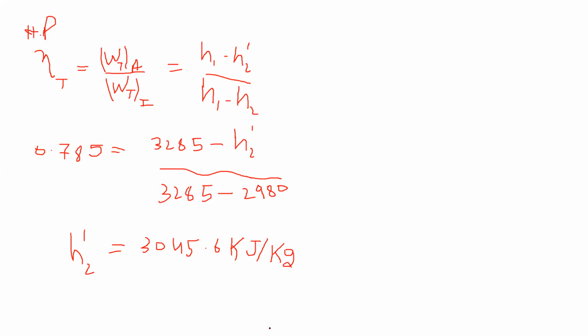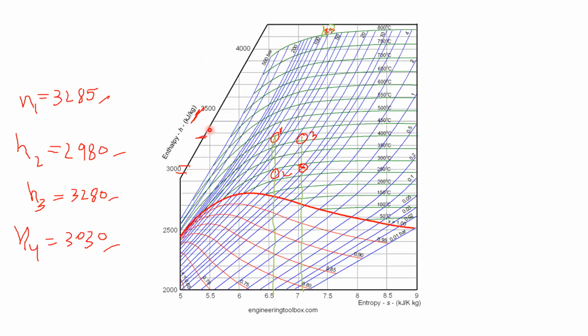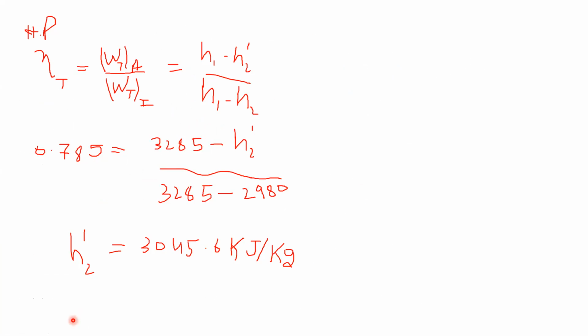For this actual process, I have calculated H2 dash. The remaining term here is H4 dash. First of all, I know the 3 and 4 process. That's why I am taking H4 dash here. I'm just taking the value here.